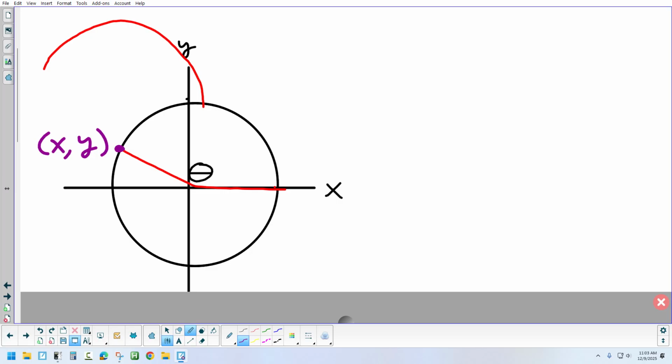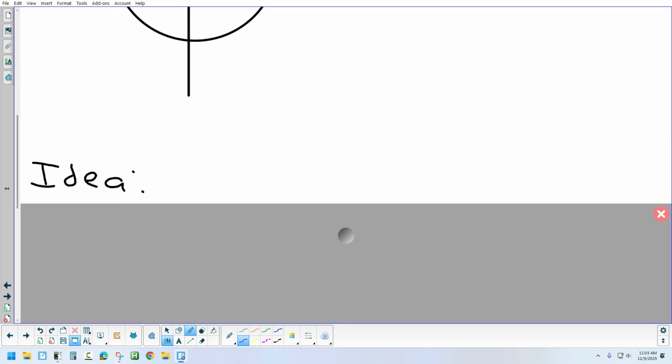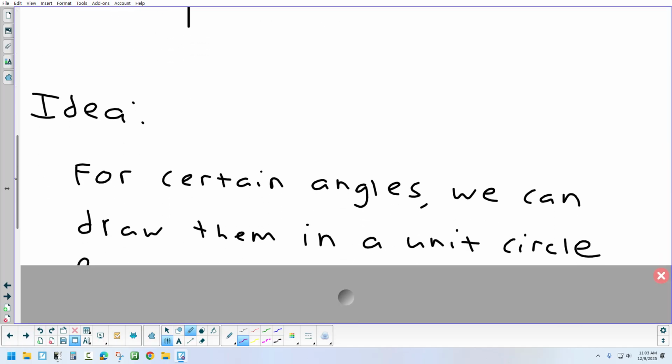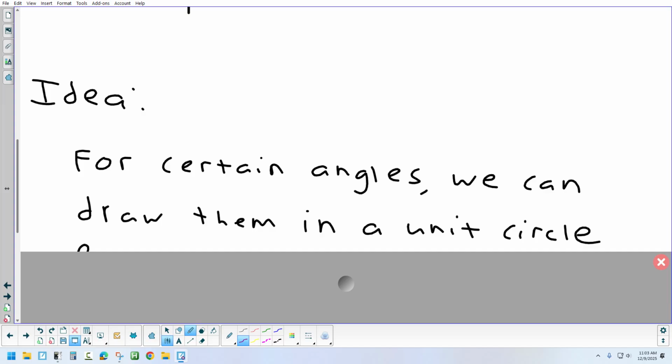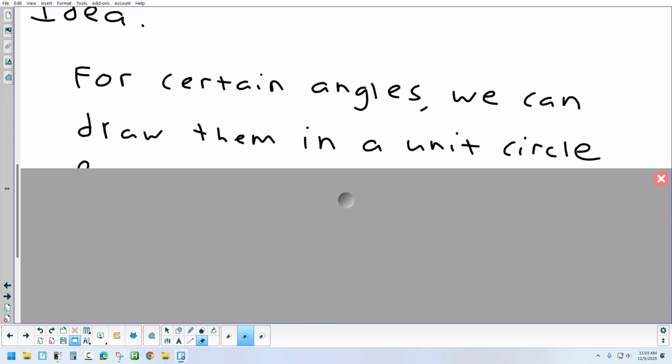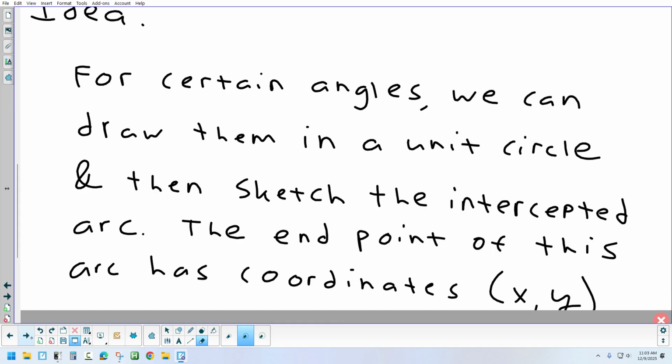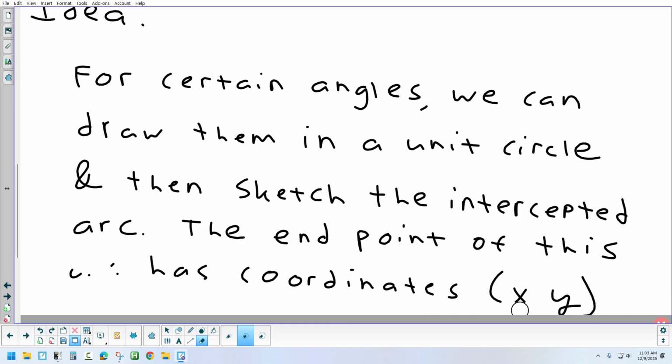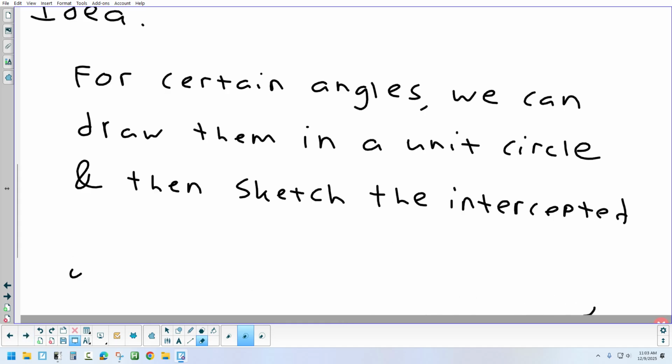All right, let's write that down. So for certain angles, and again, certain angles mean multiples of 30 and 45, we can draw them in the unit circle. And then I just want to reword that part.